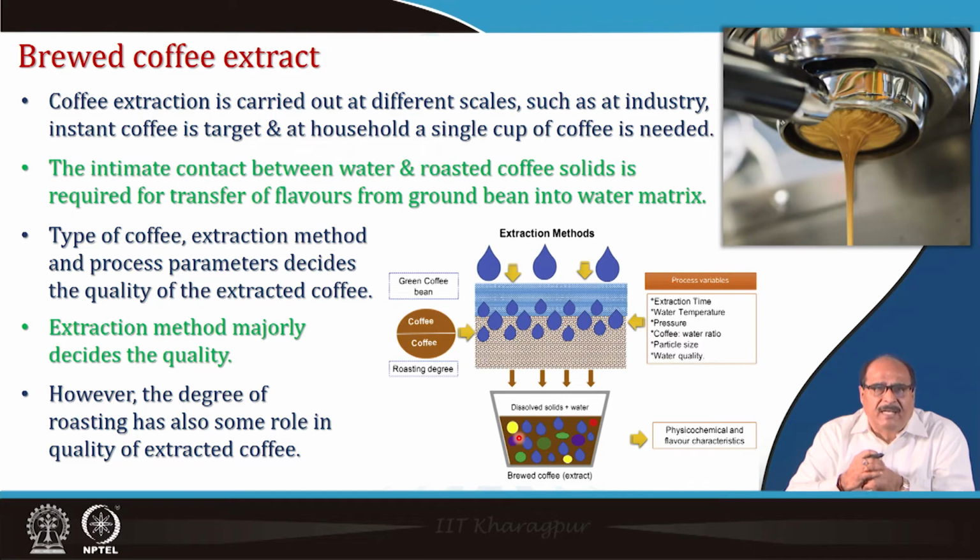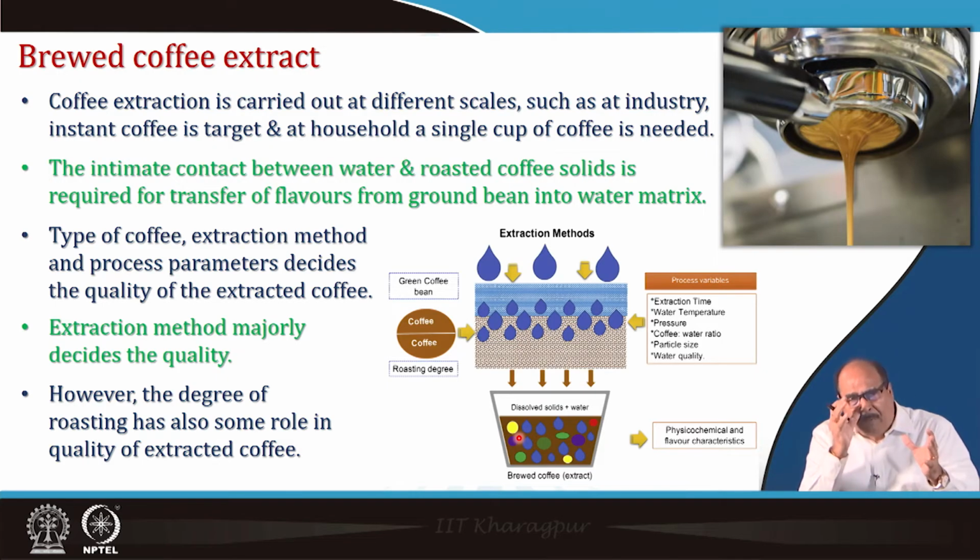Coffee extraction is carried out at different scales, such as in the industry for instant coffee, vending machines, etc. are used for brewing, okay, or even at a household level a single cup of the coffee is needed, and accordingly it is used either by boiling or by other methods.